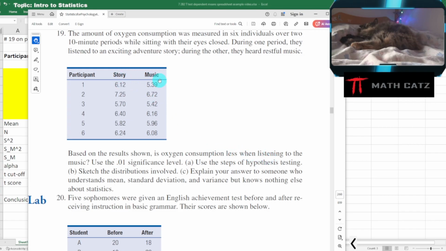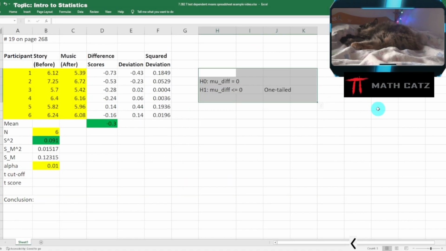So from story to music, do I have a lower oxygen consumption? So I'm testing if the mean has decreased. So the mean deviation, I kind of want to be confirmed as negative. So I will just update this briefly.